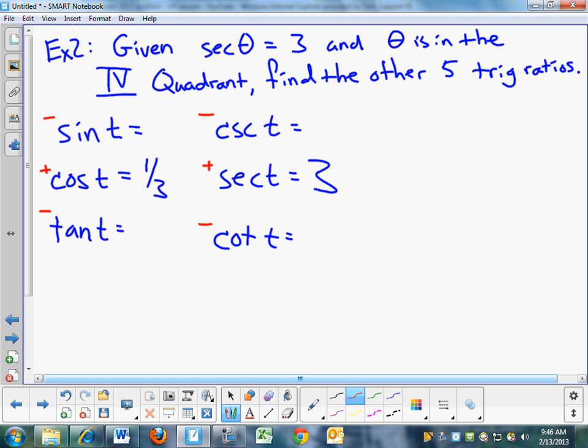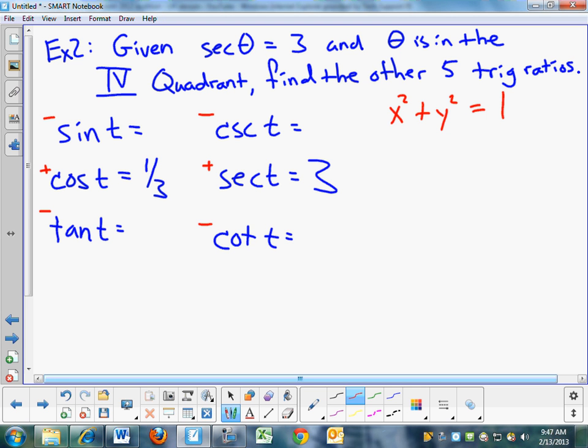How do I find my other values? Okay, I'm going to show you something right now that's going to blow your mind. Just watch me write this down. You guys all agree with this, right? x squared plus y squared equals 1 because we're working on the unit circle.